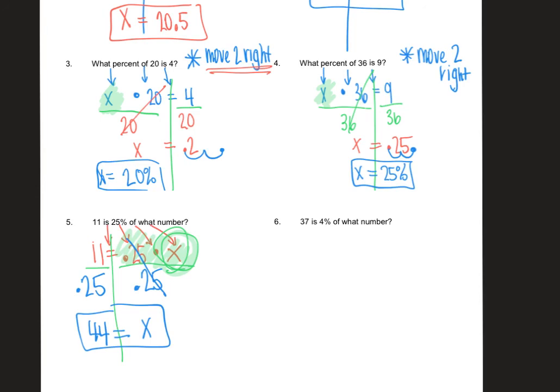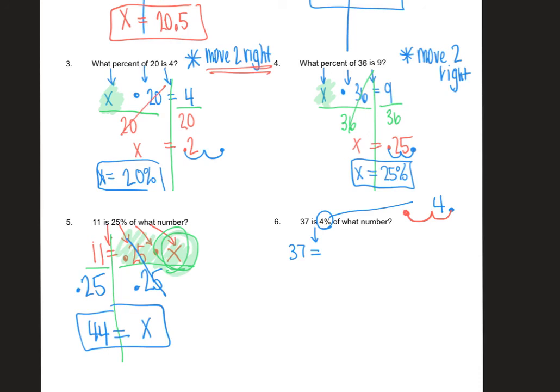Same wording on number 6. We start off with 37 is means equals. Now, be careful here, 4%. To turn that into a decimal, I need to move my decimal 2 to the left. When I move it 2 to the left, 4% does not become 0.4.